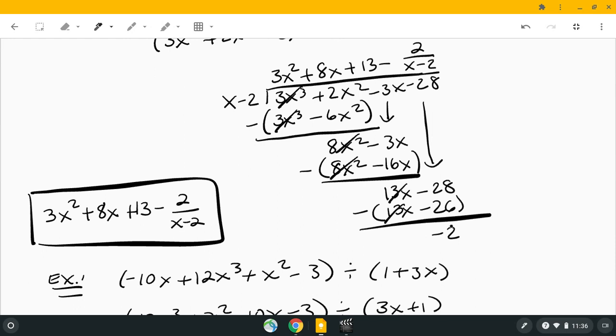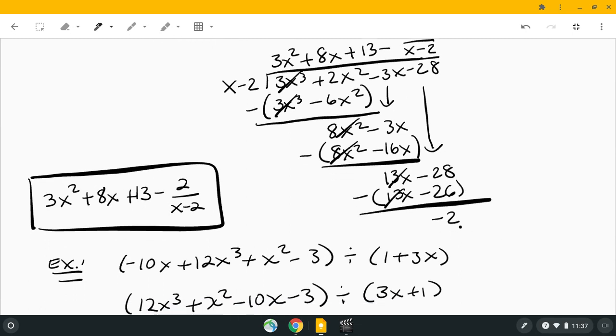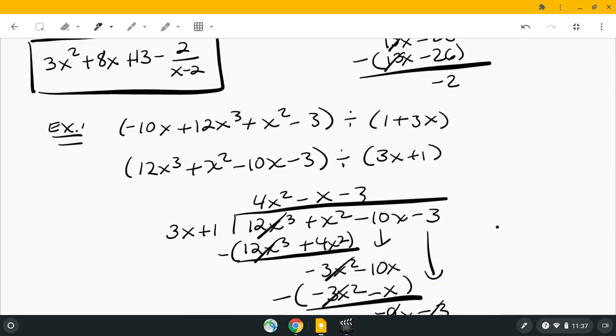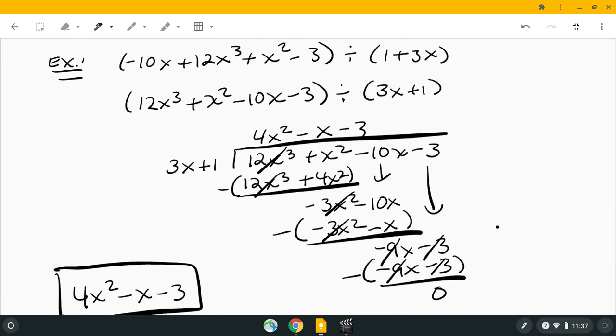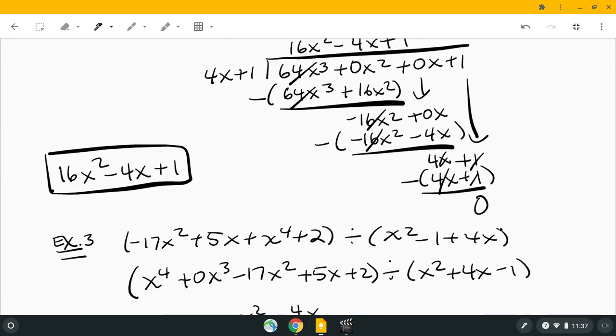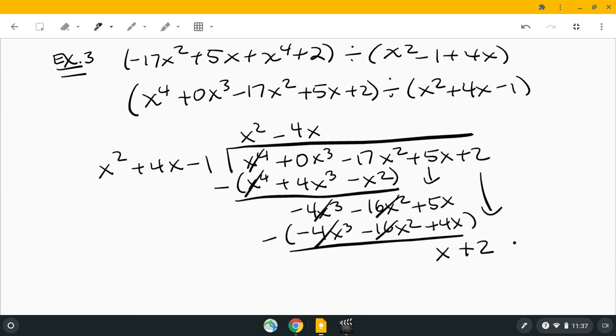So what happens is this was a remainder because this is smaller than this. How is it smaller? We compare them, smaller, bigger, by the degree of what's left, the degree of the polynomial. So here, this is smaller than this because this is a degree 2 and this is a degree 1.